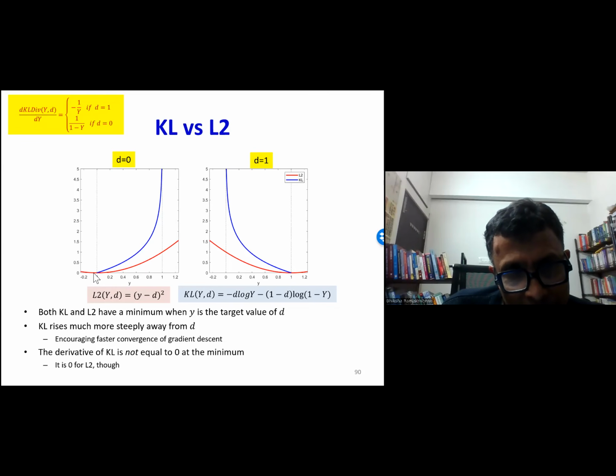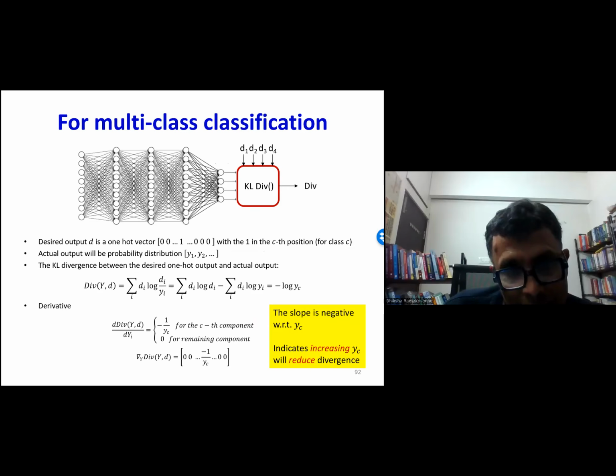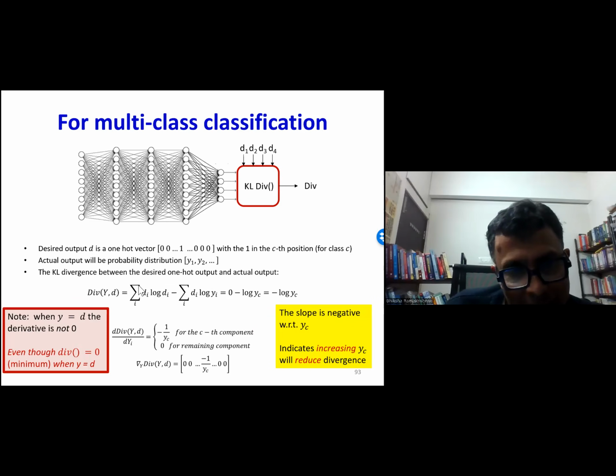But then what is the slope of the derivative of the KL divergence when y equals d? Is it 0? It's actually going to be 1, right? So look at this. If d equals 0, when y equals 0, what is the slope? It's 1, right? If d equals 1 and y equals 1, what is the slope? Minus 1. And you can see why this makes sense.